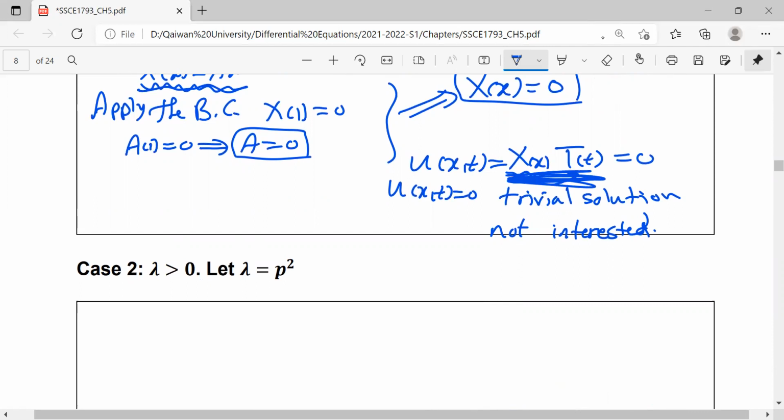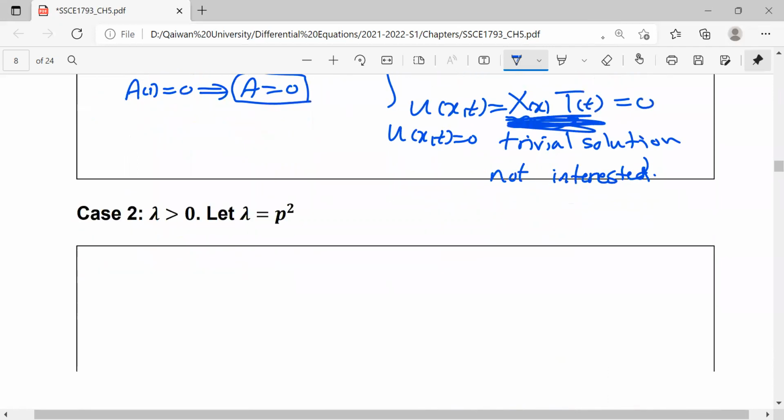That means it's a trivial solution. We don't take that case. So from now, for solving any heat equation, for lambda equal to 0, we say it's not a non-trivial solution. We don't take it. We just write that down. We don't need to solve it like this.